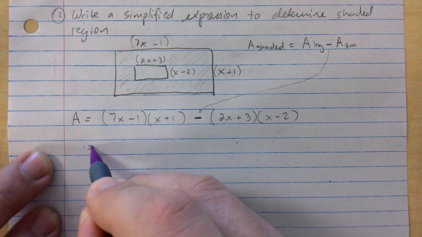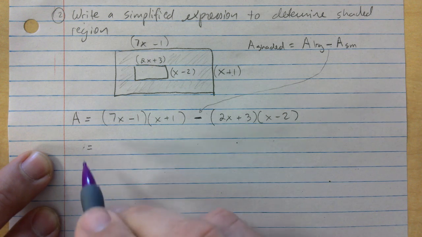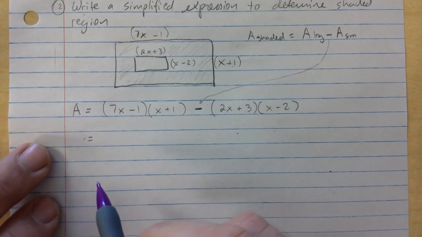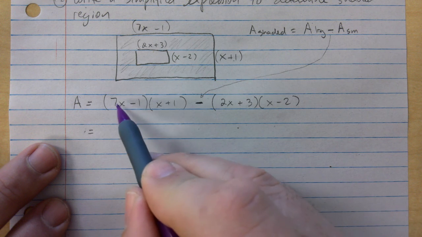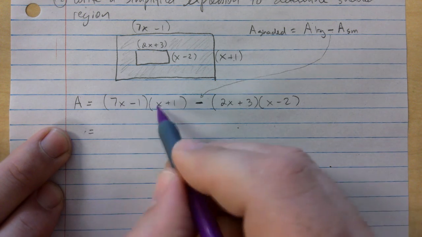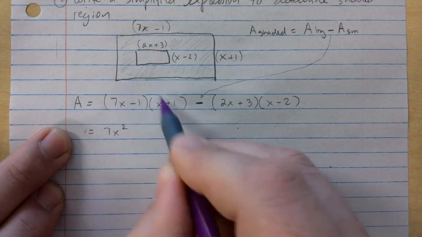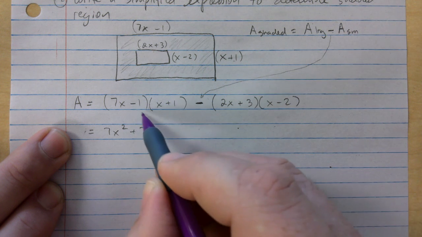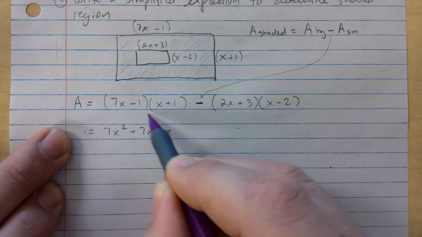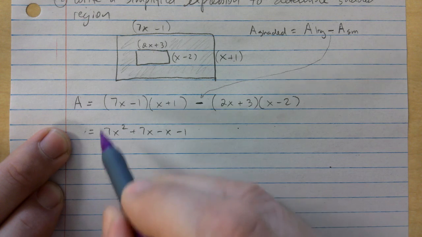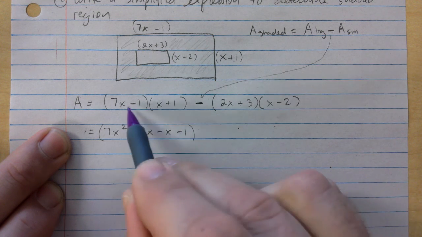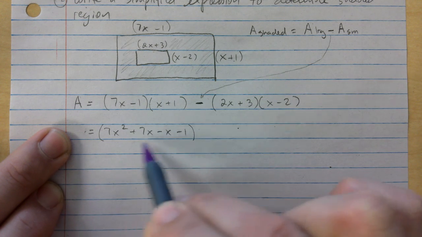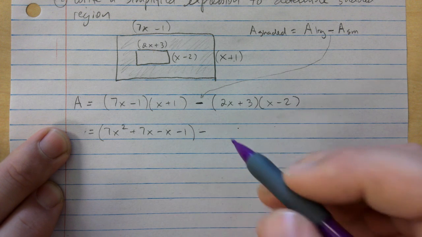So we're just going to go equal sign for now, and then later on we're going to add the a again. So we expand this, so that would be 7x squared plus 7x, and then we go negative x, negative 1. For now, we'll keep this in brackets to just show that this is the result of the expansion there.